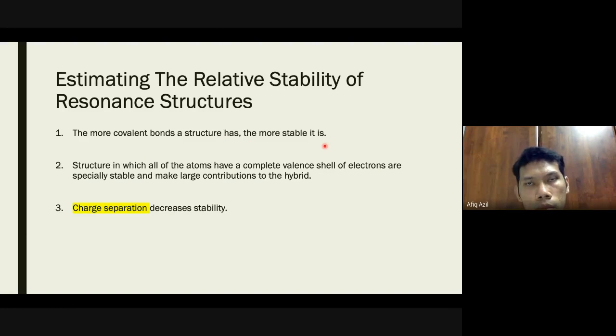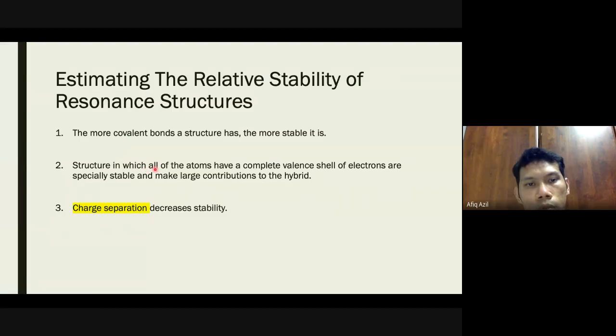Let's say between resonance structure number 1, resonance structure number 2 or resonance structure number 3, the second structure has more covalent bonds than number 1 and number 3. That means resonance structure number 2 will be more stable. Covalent is sigma bond. If you already forgot what a covalent bond is, it's basically a sigma bond.